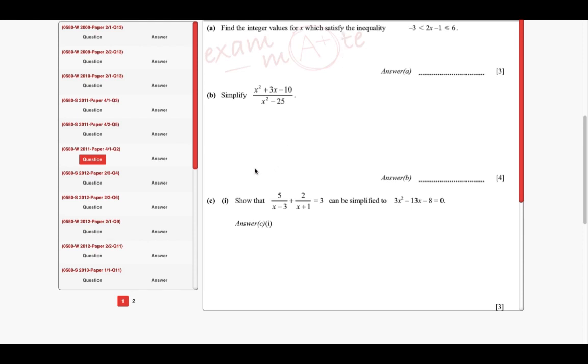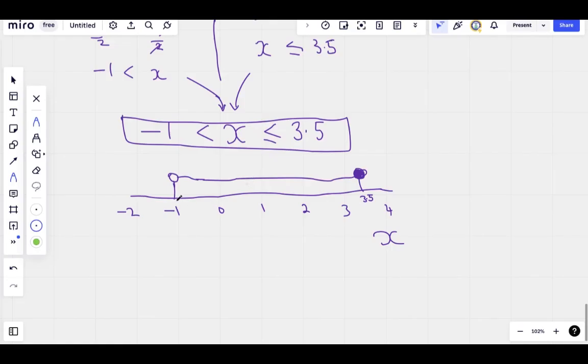Since our solution was between -1 and 3.5, and they want positive integers, we're not going to mention the negative number. So we say the positive integers 0, 1, 2, and 3. 3.5 is not an integer.